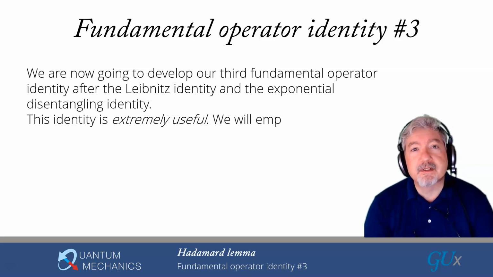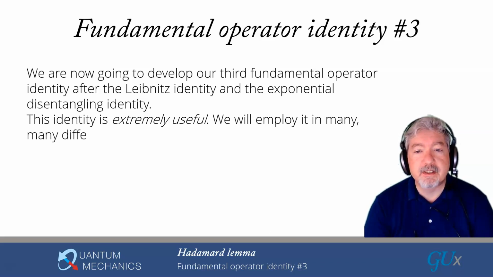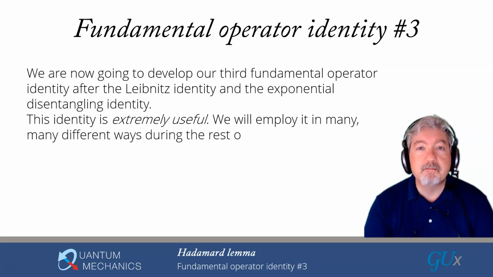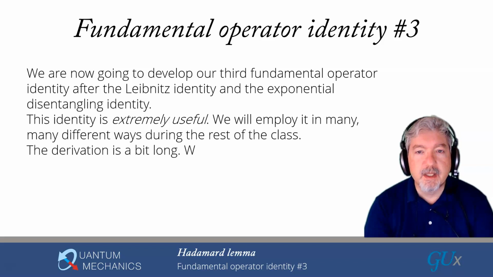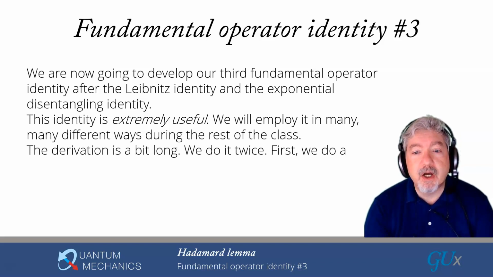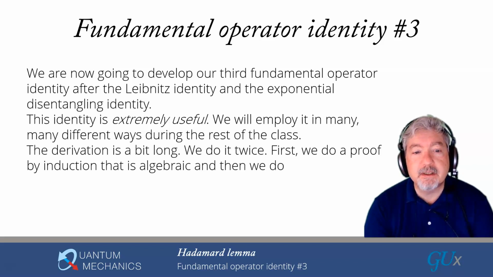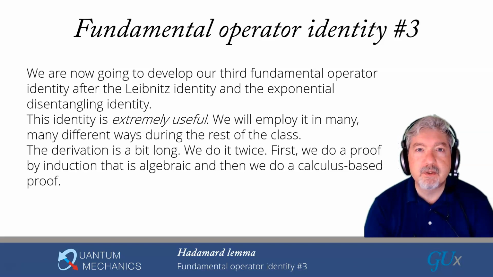So I want to emphasize how important this particular identity is. We're going to be employing it many, many times in the class. The derivation is a bit long, and we're going to do it two ways. First, we're going to do it algebraically, and then we're going to do it with calculus. The reason why we're doing it two ways is that the identity is so important.